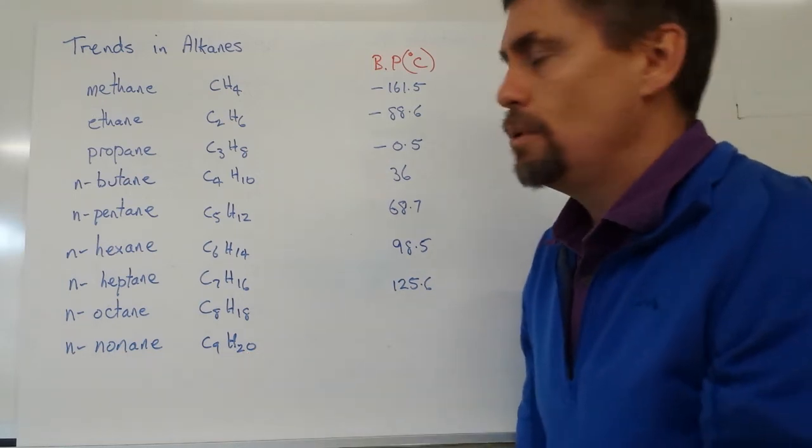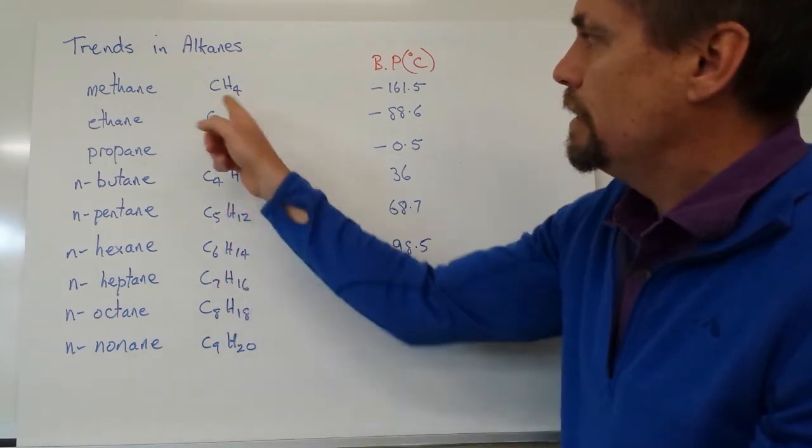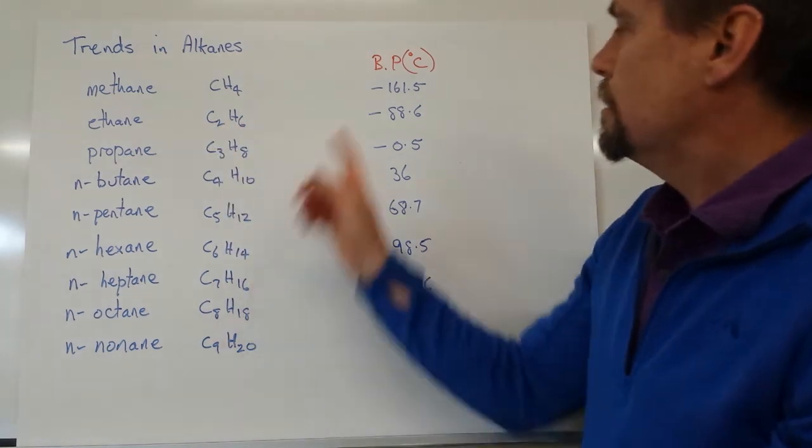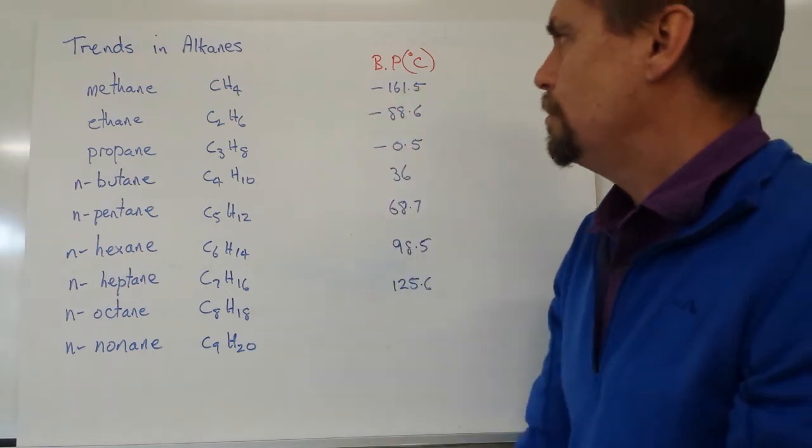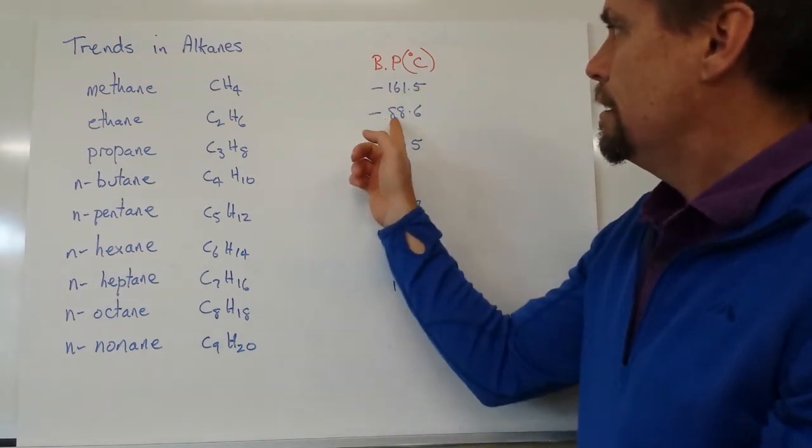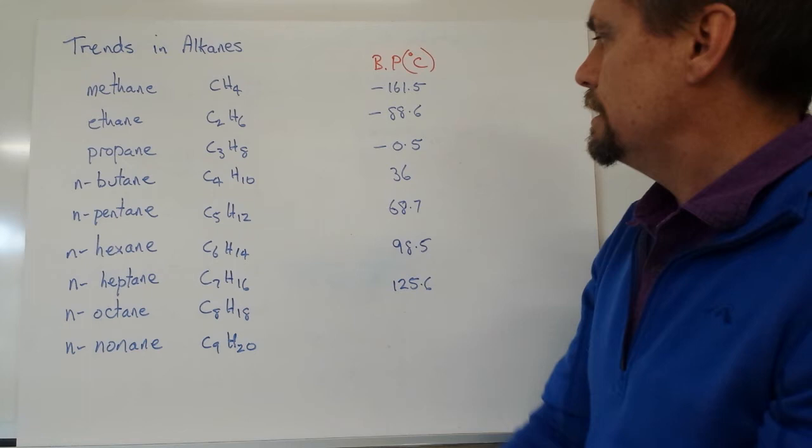Let's look at what happens to the boiling points as we increase the number of carbons. So methane, minus 161.5. Ethane, minus 88.6 degrees Celsius.